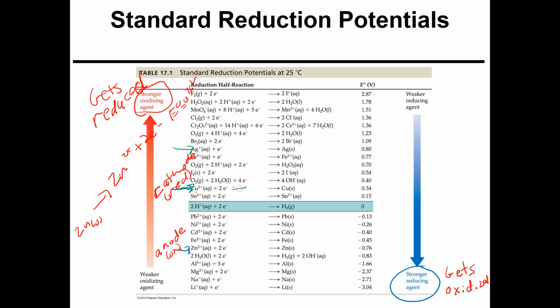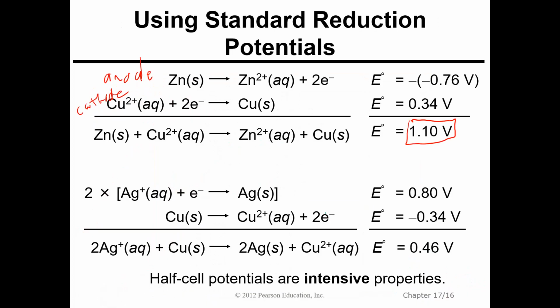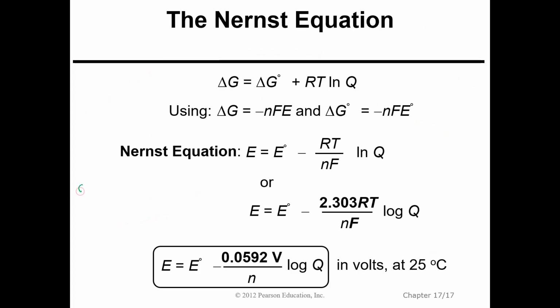So in this case, copper is going to act as the anode, and silver is going to act as the cathode. So the further down they are on the table, they have a stronger reducing agent, which means that they're going to get oxidized. So they're going to be the ones that are the anode. So copper acts as our anode.